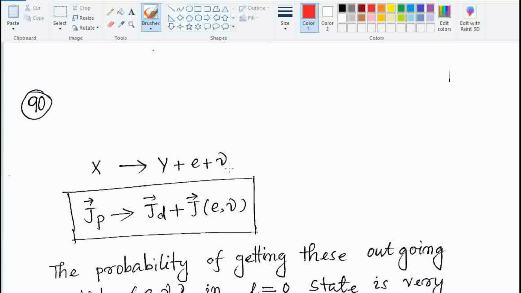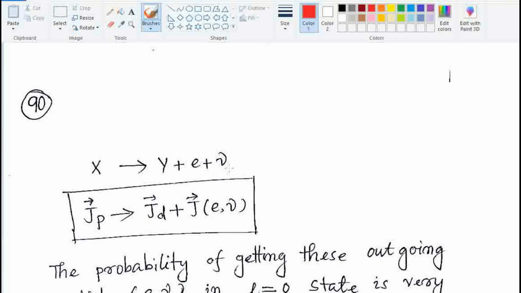As you know, in beta decay, after the formation of the daughter nucleus, if it is beta negative decay, then a neutron is converted into a proton, and there is a formation of outgoing particles, an electron and an anti-neutrino.